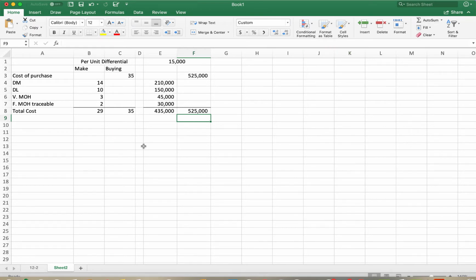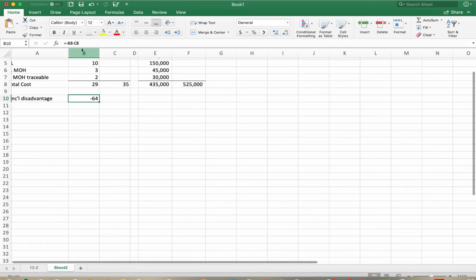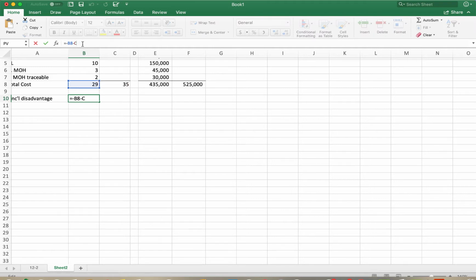So anyway, let's figure out, we know right off the bat we have a financial disadvantage. Well, let's see by how much. Well, that's easy. $29 minus the $35 is negative $6.